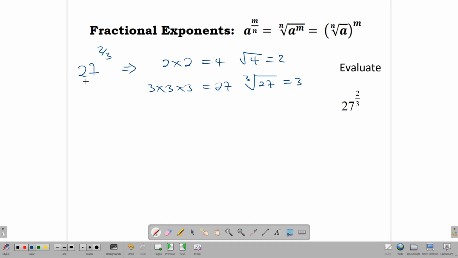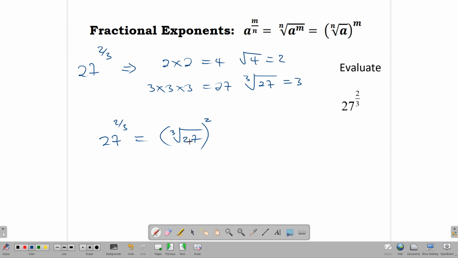So if we are trying to evaluate, for example, 27 to the 2/3, what it says here is that we are to take the nth root. So 27 to the 2/3 means that we're going to take, for example, the cube root of 27, and of course you can do this on your calculator, and when you get the answer, you raise it to the top number.